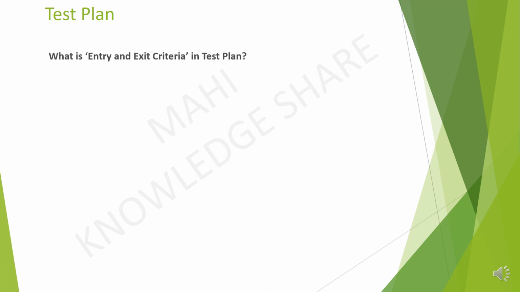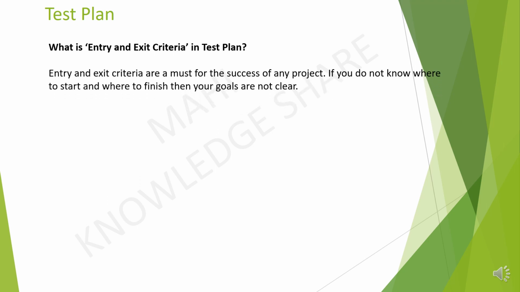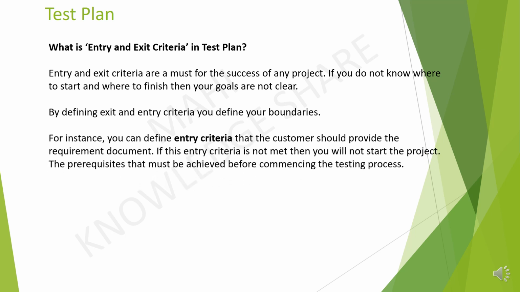Entry and exit criteria section in test plan document. Entry and exit criteria are a must for the success of any project. If you do not know where to start and where to finish, then your goals are not clear. By defining entry and exit criteria, you define your boundaries. For instance, you can define entry criteria that the customer should provide the requirement document.